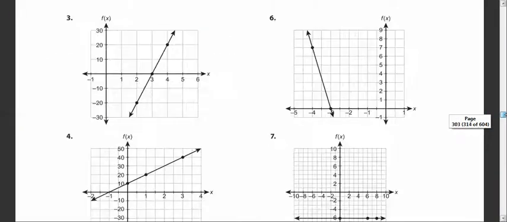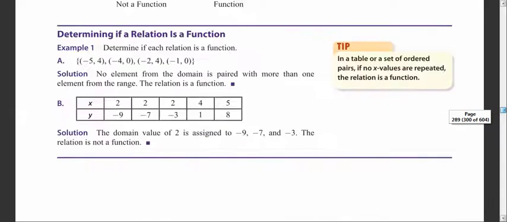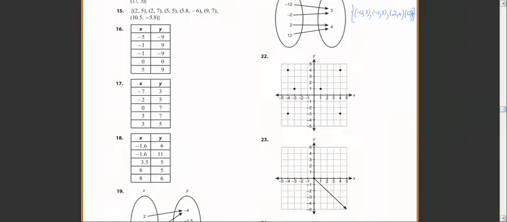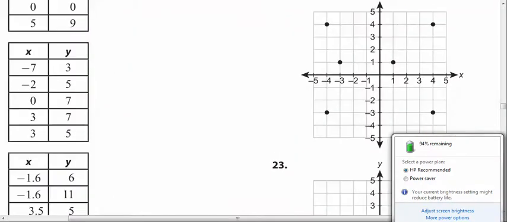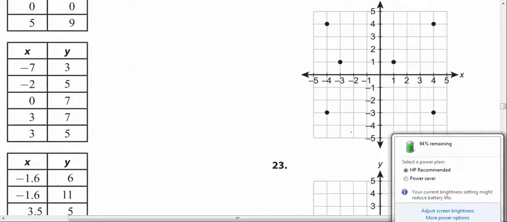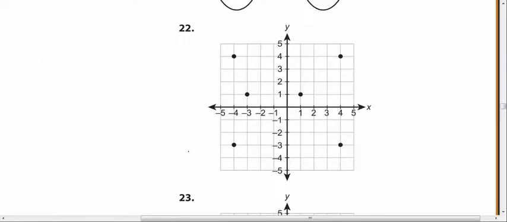Okay, same story if you have a graph. Oops, I move kind of fast here. Alright. If you have a graph that's given to you, you need to identify each one of your points, right? Let's zoom into this number 22 here. Okay, problem number 22.